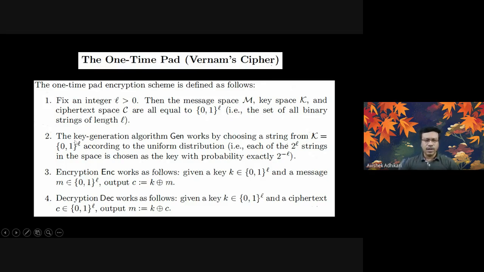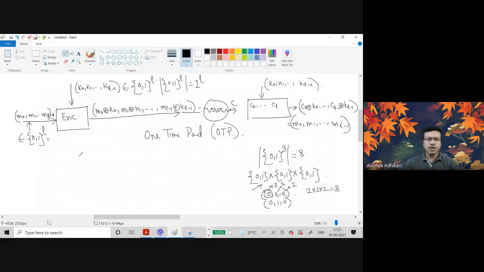Okay. The key generation algorithm Gen works by choosing a string from K according to the uniform distribution. That is, each of the 2 to the power L strings in the space is chosen as the key with probability exactly 1 by 2 to the power L. For example, suppose you have L equal to 2.